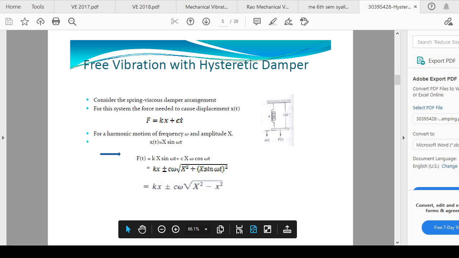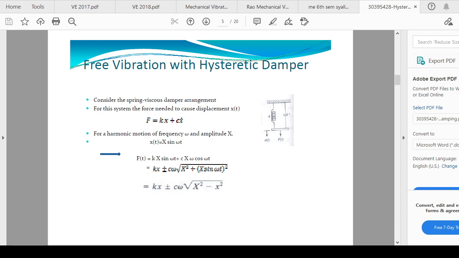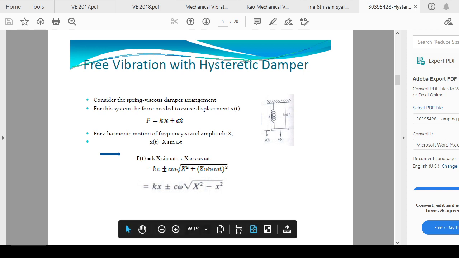Now, what do you understand by free vibration with a hysteretic damper? Consider the spring and viscous damper arrangement, as you can see in the picture; this is the spring-mass-damping system used here.